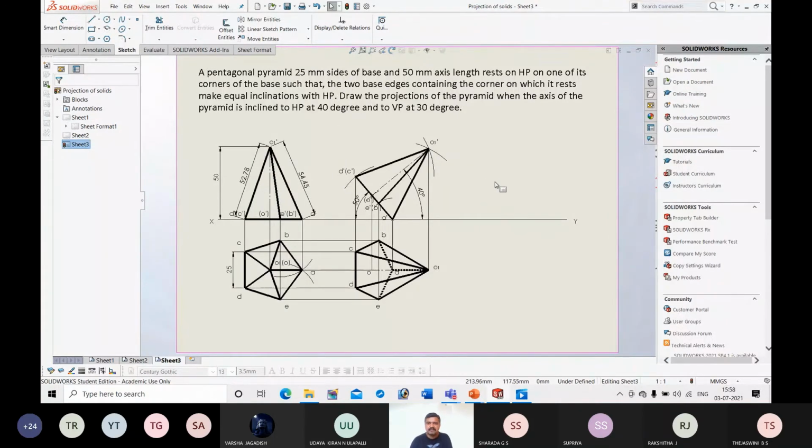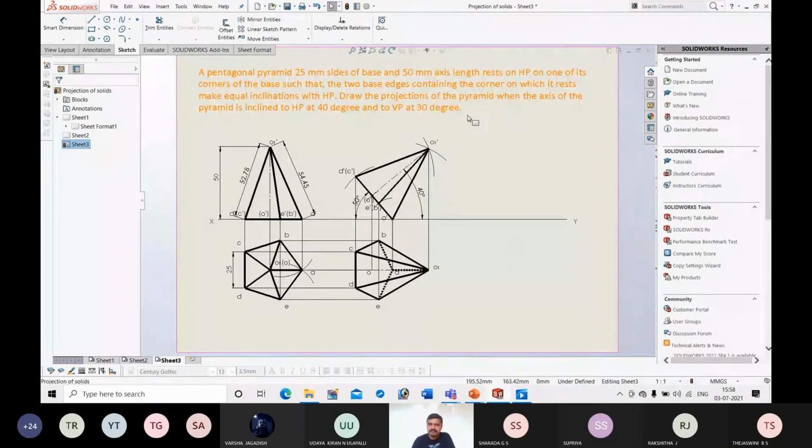Okay, I am telling this in the question. If they don't use the terms appears to be inclined, and also if they don't refer the angle to view, the given inclination is true. Suppose if they use the axis of the pyramid appears to be inclined to VP at 30 degree, that is false inclination.